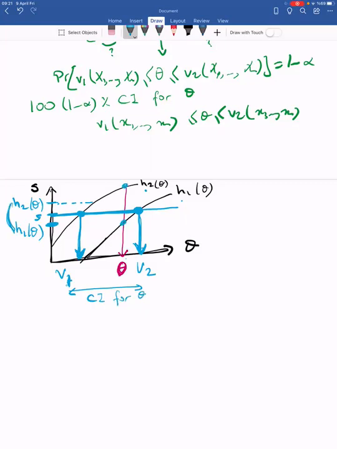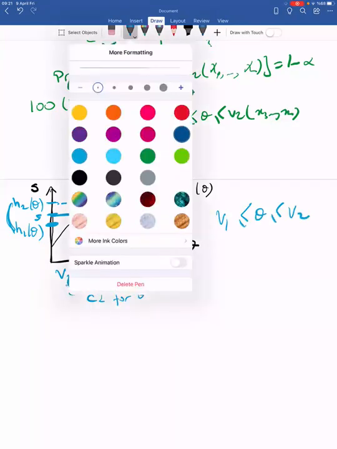Then we find where, on s, h1 theta and h2 theta map onto the theta axis. Then we can immediately write this as our interval, whatever those are. So this will be our confidence interval.